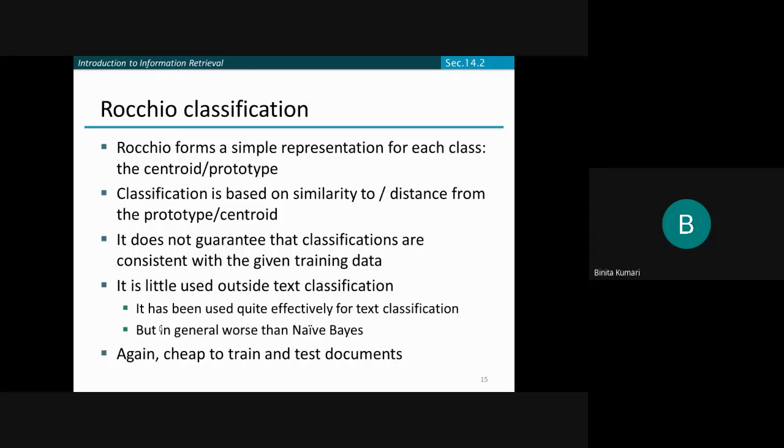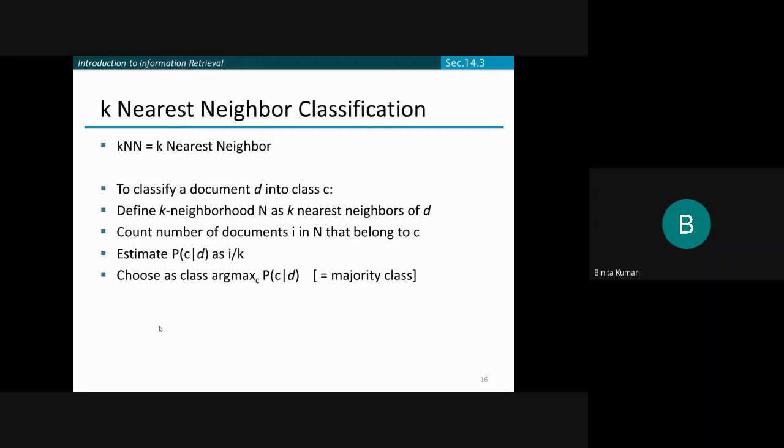So it has been effectively used for text classification, but the solutions are not consistent. So those are the features of your Rocchio algorithm, which is used for text classification and vector space models.